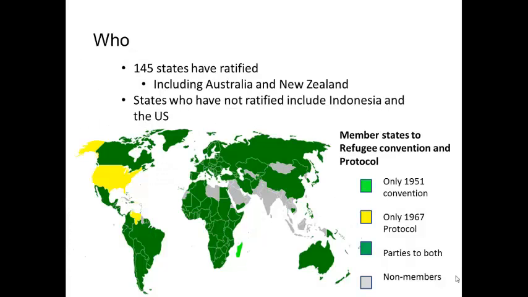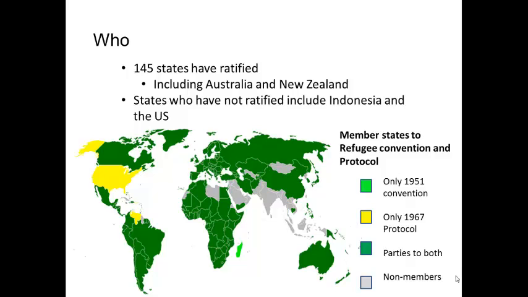With regards to who has signed the treaty, 145 states have signed and ratified the convention, and this includes Australia and New Zealand. Two states who haven't signed are USA and Indonesia. And we mention Indonesia because we look in detail at Indonesia in Area of Study 2. One reason states don't sign is in order to maintain their own power and decision making over who can and cannot come into their country.